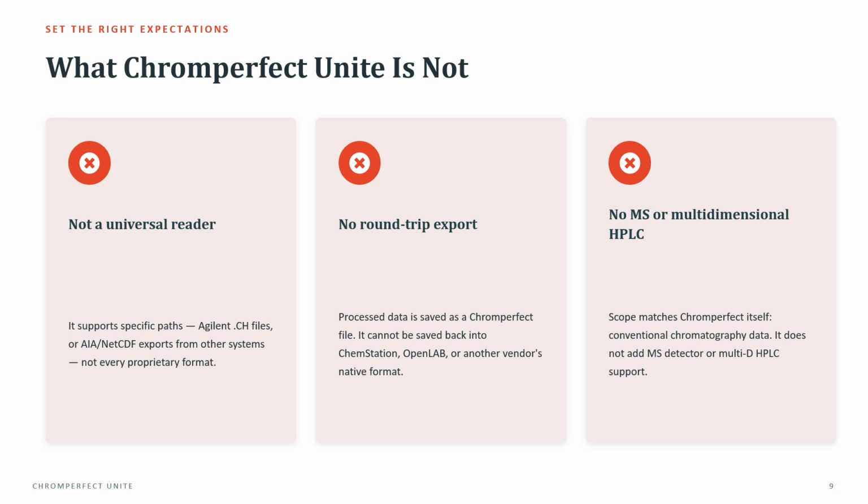Once data is processed in Chromperfect, it's saved in Chromperfect's own format, not back into ChemStation, OpenLAB, or Chromeleon. And finally, Unite follows the same scope as Chromperfect itself, conventional chromatography data review. It does not add support for mass spec detector output or multidimensional HPLC workflows.